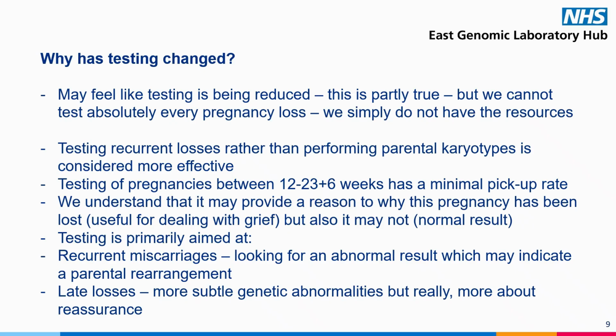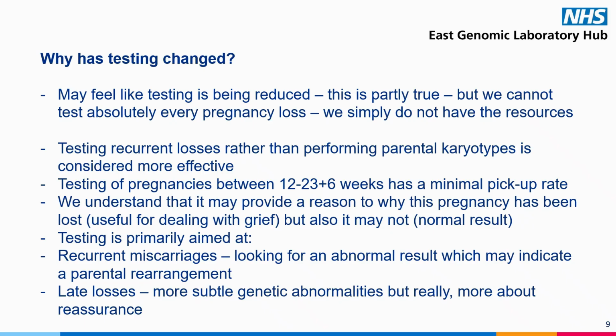The reason we don't test pregnancies with no anomalies between 12 and 24 weeks is that there's been shown to be a very minimal pickup rate in genetic anomalies. We do understand that any testing offered is useful in terms of dealing with grief and mental health, but it will only provide in some cases a reason for why that pregnancy loss happened, which I appreciate is useful for that patient, but sometimes it's also not useful if the result is normal.